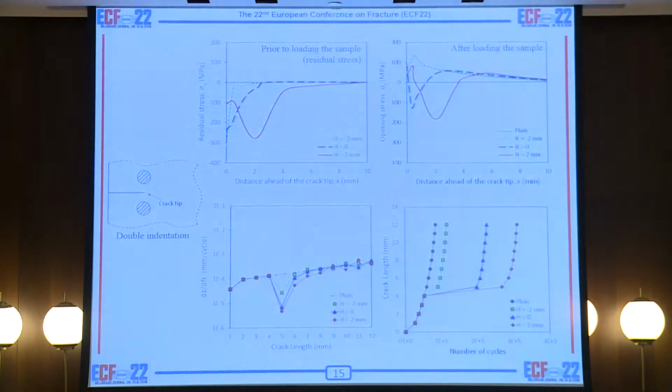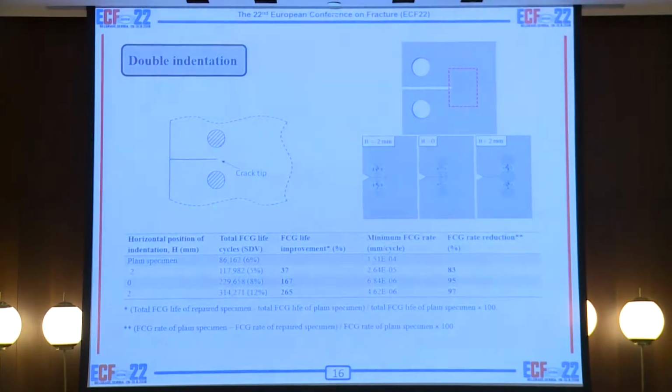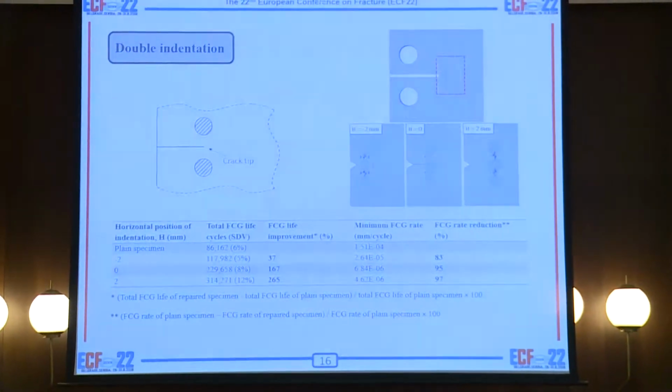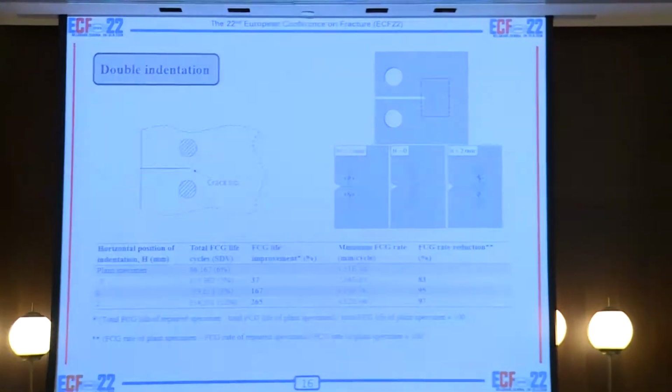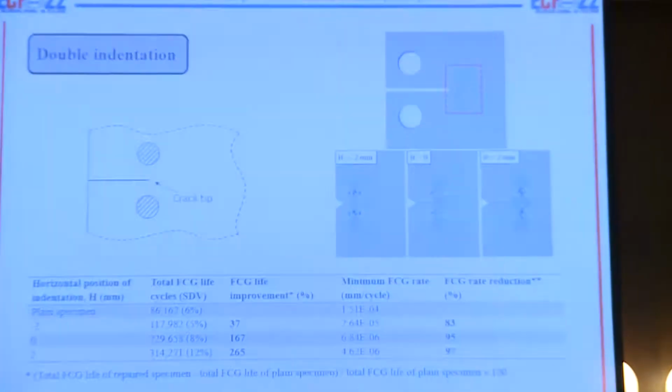Just like what we get from the residual stress, the case with highest residual stress resulted in lowest fatigue crack growth rate and consequently higher fatigue crack growth life. In this case, 265% of fatigue crack growth retardation, or improvement in the fatigue life, was obtained, which is considerably higher than the single indentation method, which was 143%.